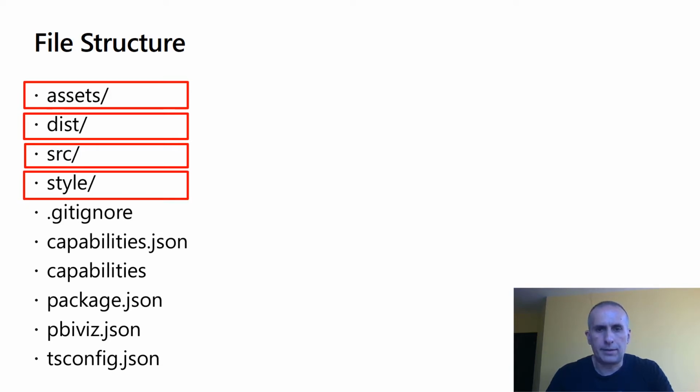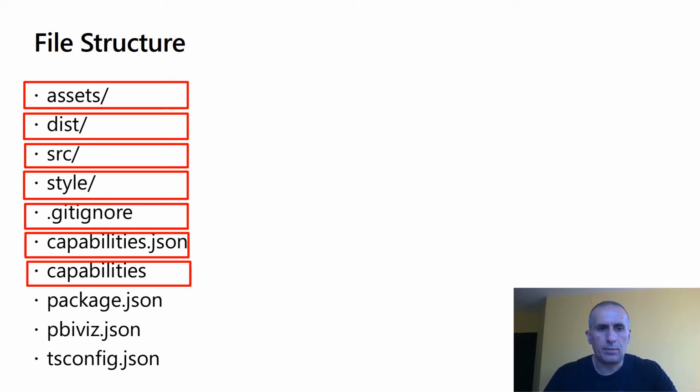In the folder style you have all visual styles which you need for your visual, and we have a few more files. Gitignore is used to not track specific files in your repository. Capabilities.json is a very important file. It is used to have data mappings and options for your component. The logic of how to represent your structure of data and mappings is exactly there.